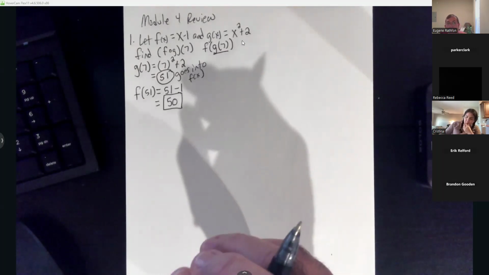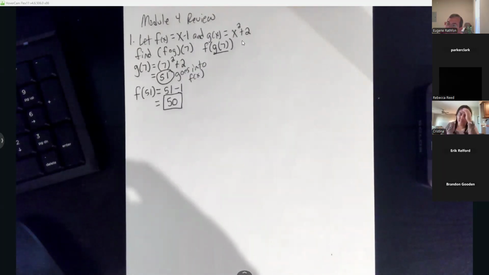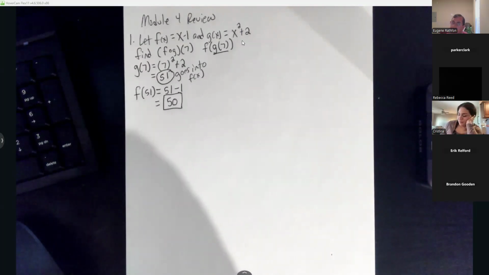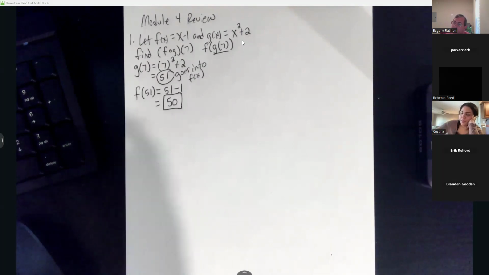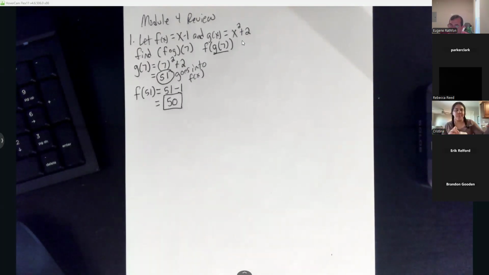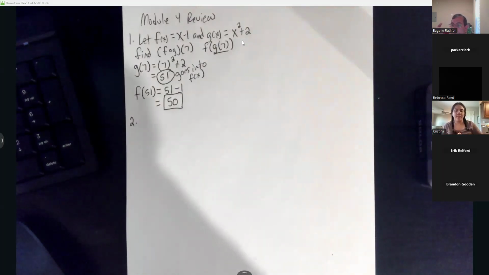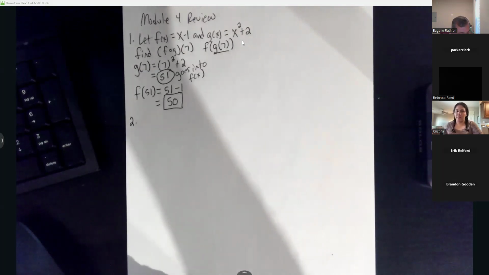All right, now number 2 and number 3 are doing the same thing, but they're not going to give me numbers for the replacement values, which means all we can do is do the operation and simplify, okay? Now for the next two, though, they want me to find the domains also.